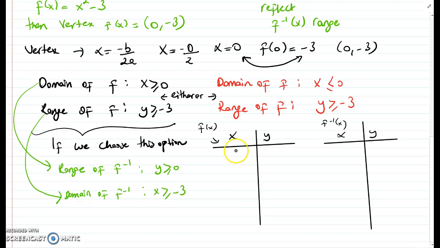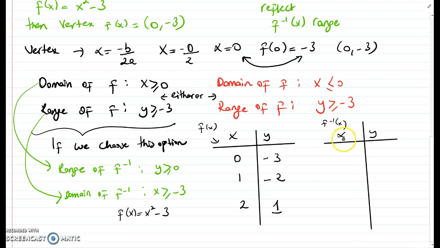I can take x1, actually I can start with x equals 0, 1, and 2. So if I plug those values in x squared minus 3, this was my function, then I will obtain negative 3, negative 2, and 1.